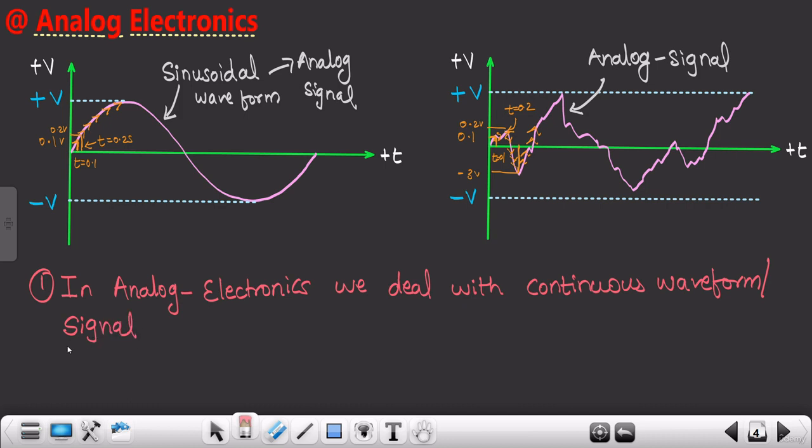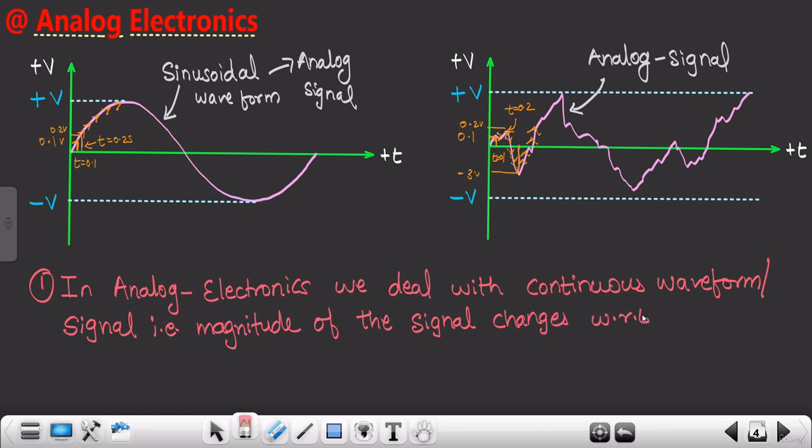That is, magnitude changes with respect to time. The magnitude of this signal, or even you can say amplitude, changes with respect to time.